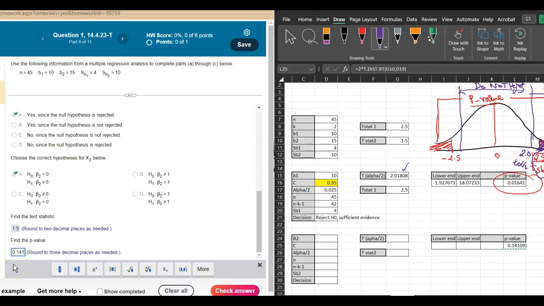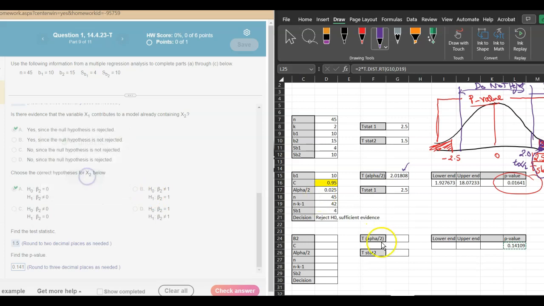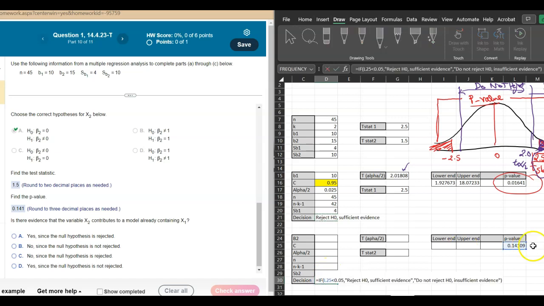Okay, round it to 3 decimals and check it. Great. Now obviously 0.14 is greater than 0.05, right? Copy this decision and put it right here, double click on this, so that's the same cell, it's fine, and compare it to 0.05, and we can see the statement here, do not reject H0, insufficient evidence.